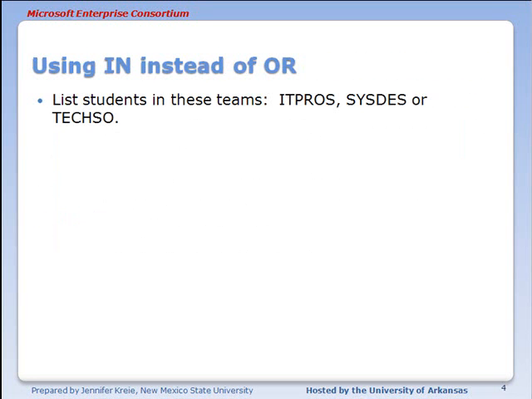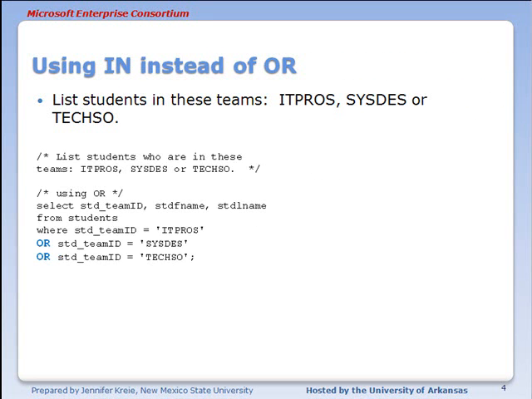So, using IN instead of OR, let's get a list of students who are in these teams: IT pros, system designers, or technical solutions. If we do this with the OR operator, then we construct our SQL statement listing our columns in the select clause, our table in the from clause, and then we have to use 2 ORs in order to do 3 evaluations, 1 for each team.